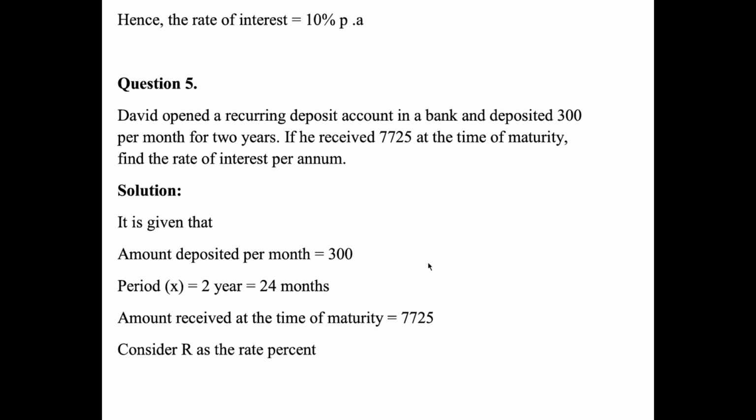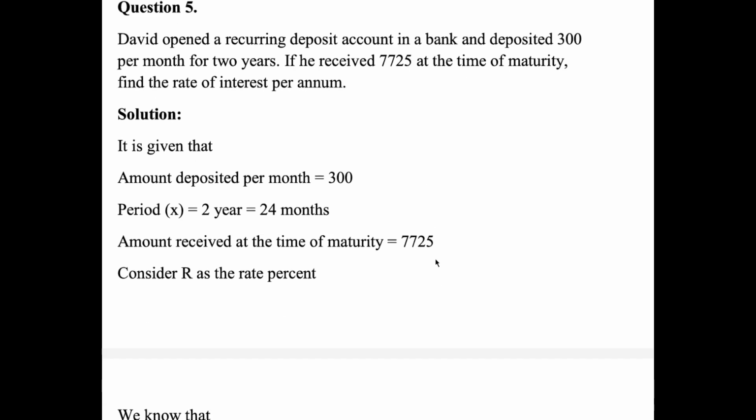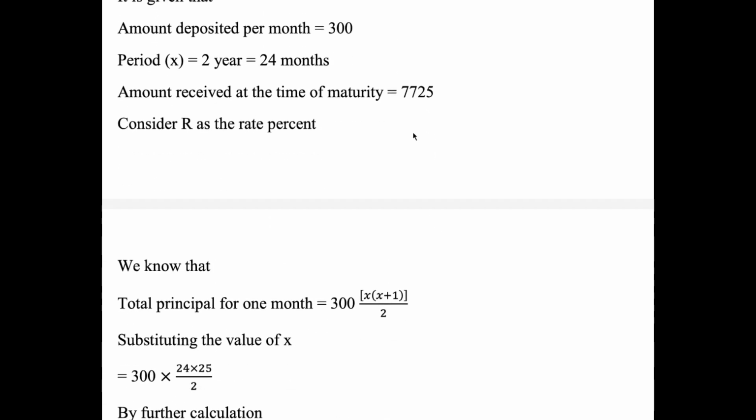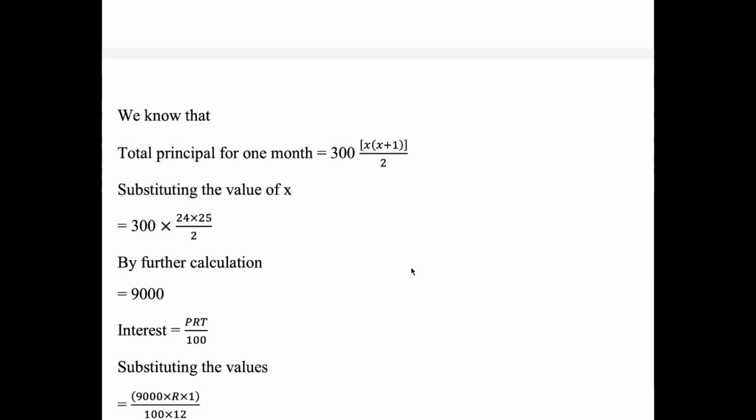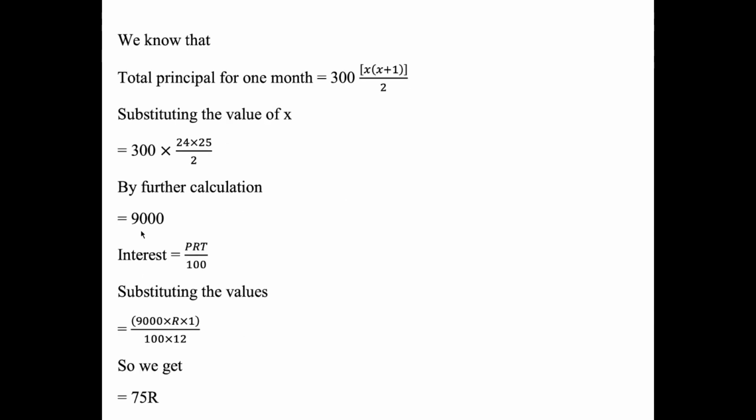Amount received at the time of maturity 7725. So after that use this same formula to find out that total principal for 1 month, that is 300 into x plus 1 by 2. So you are getting here the 9,000 rupees.